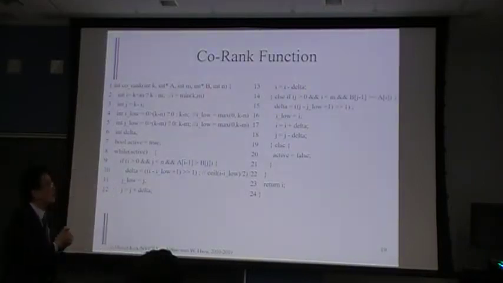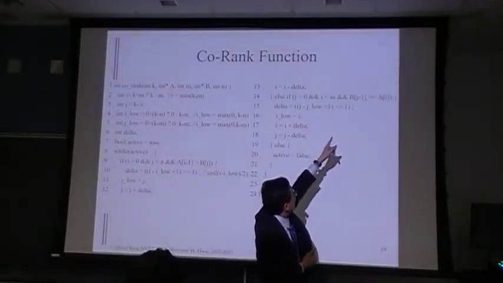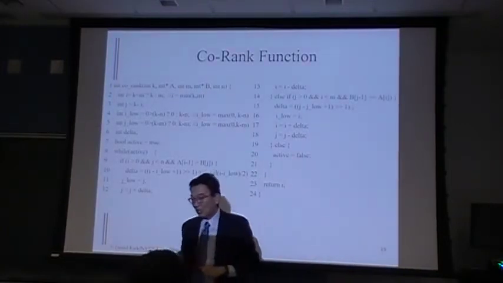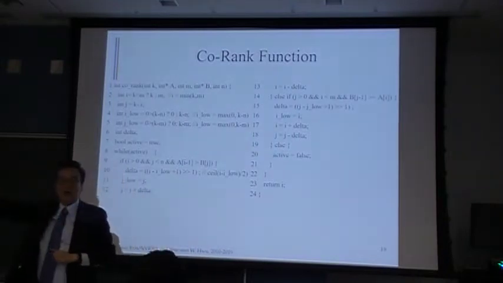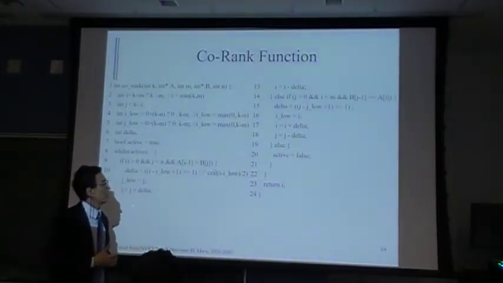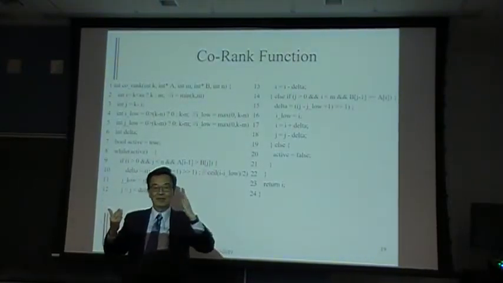Okay. If J is greater than 0 and J minus 1 is greater than or equal to A I, that means that the J value is too high. Now you need to adjust the value so that J will come down and I will go up, right?